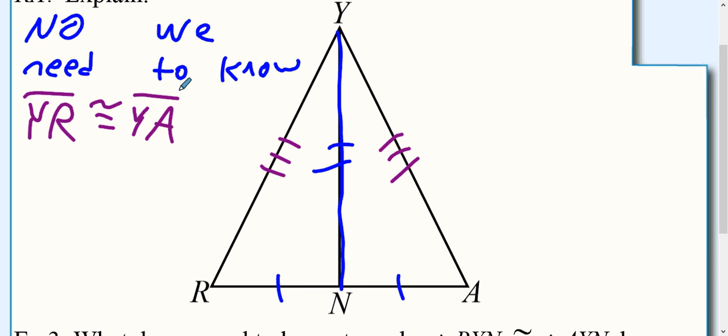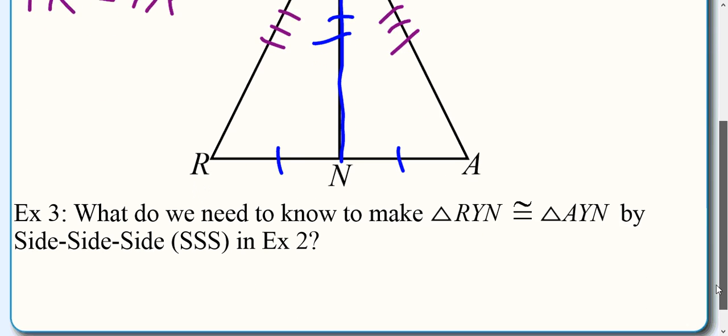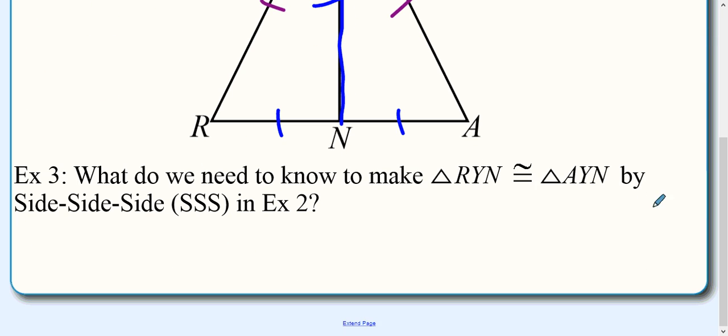You need to be able to put the marks on all three sides, and we couldn't put these purple ones. Nothing told that to us. So what do we need to know? That's actually what we just wrote down. We had to know that YR was congruent to YA.